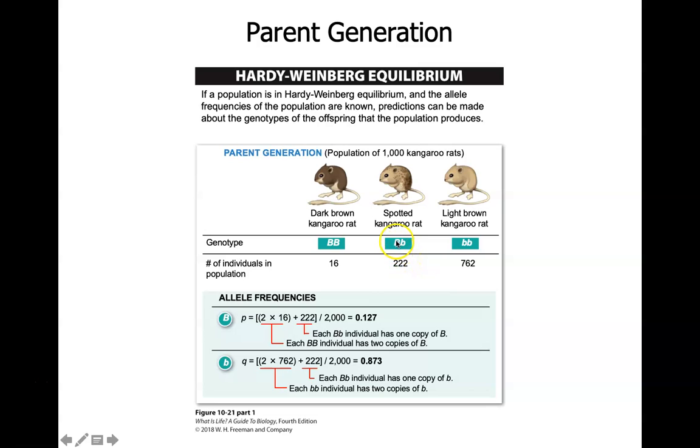They each have 1 copy of big B, 1 copy of little b. So we have to add in our 222. So the frequency of our light brown or recessive allele is equal to 2 times 762 plus the 222 from the spotted kangaroo rats, divided by 2,000 total alleles, which gives you a frequency of the recessive allele of 0.873. So you can see that the frequency of the recessive allele is significantly greater than the dominant allele.